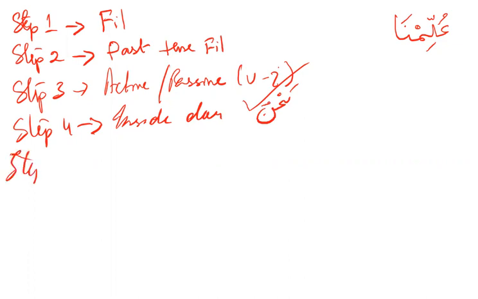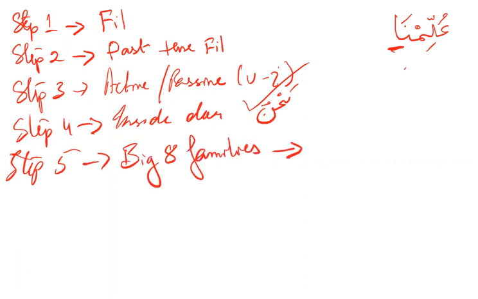And step 5: we remove the na, and how many letters are left? More than 4, so it is the Big 8 families. Allama has the shadda, so it is family 2 or 5. Do you have ta here? No. Family 2.